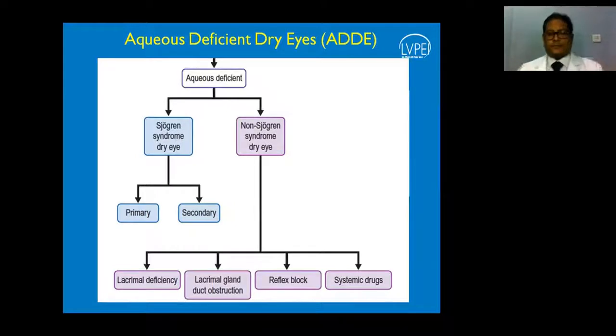And there can be a reflex sensory block, which is common in diabetics, and it is also in neurotrophic keratitis caused by herpes simplex virus. Some systemic medications can also lead to such a condition.